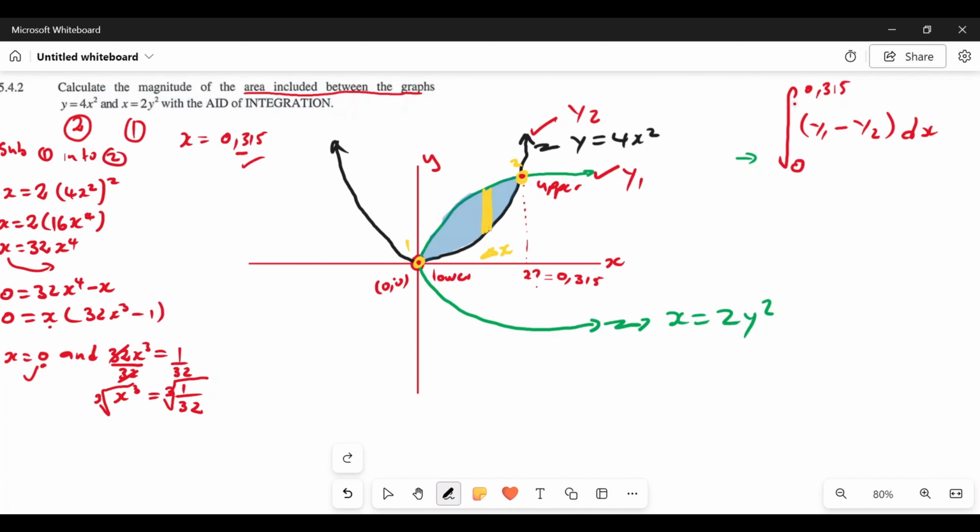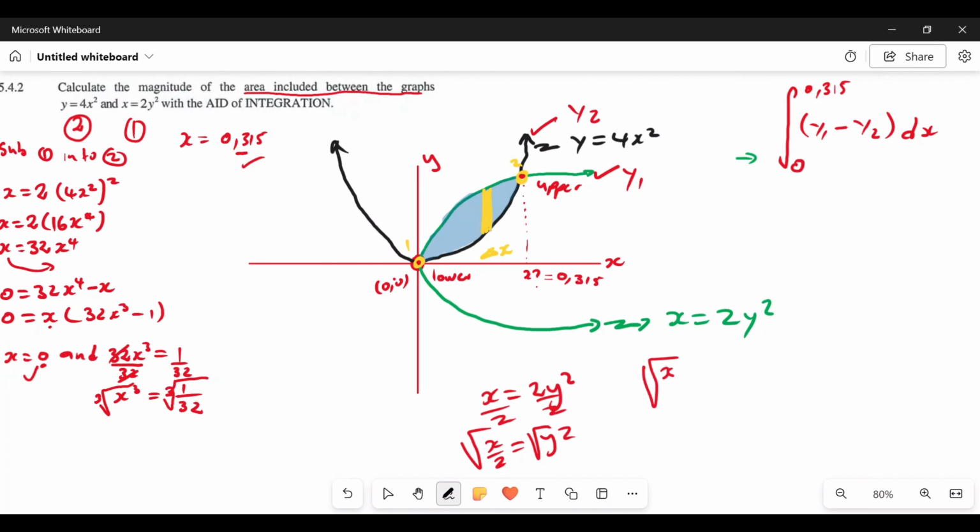It means now we need to make y1 equal to y. Remember, y1 is x equals 2y squared. If we make y the subject of the formula, we divide by 2, and then we have x over 2 equals y squared. But we don't want y squared. So we have to square root both sides.